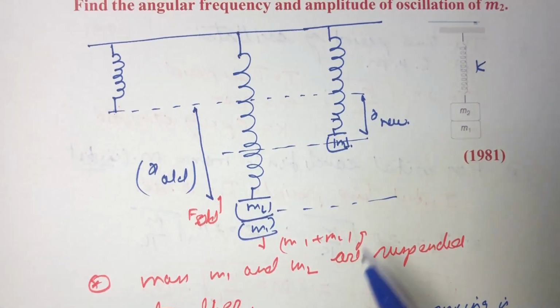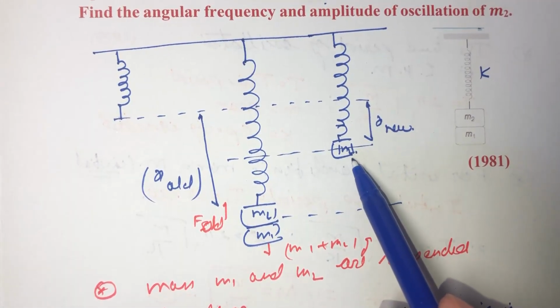Now we come to the second condition, that is when mass m1 is removed.